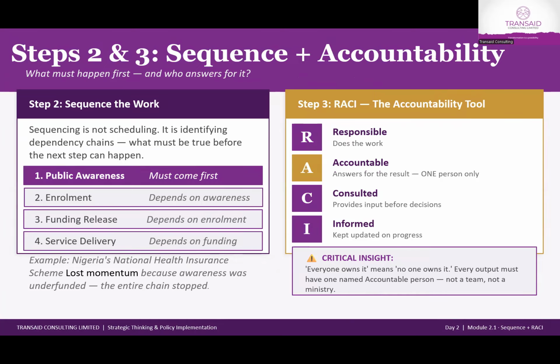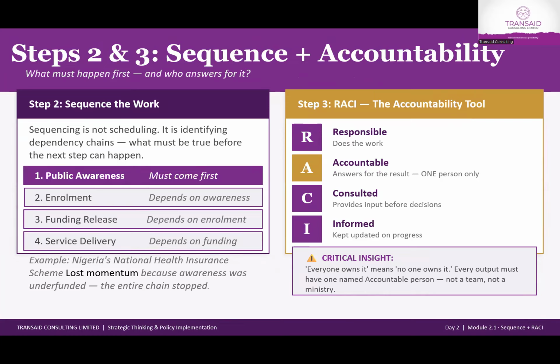Step 2 and 3, we are looking at the 4 framework for translating your policy into action. What must happen first? Sequence. And who answers for it? So sequence is not about scheduling work.